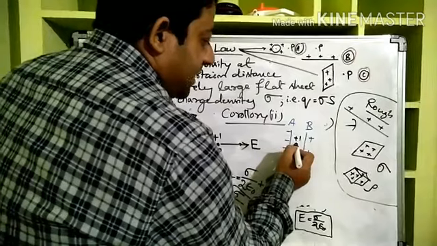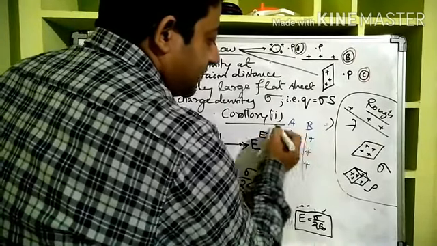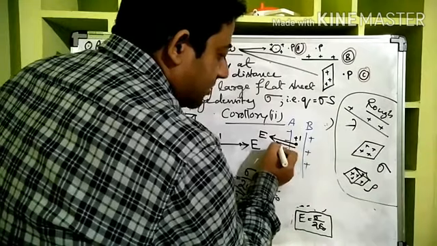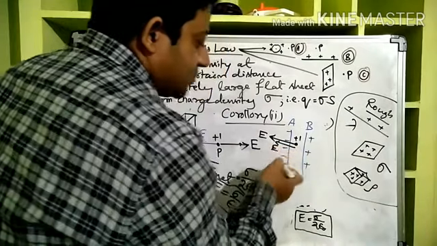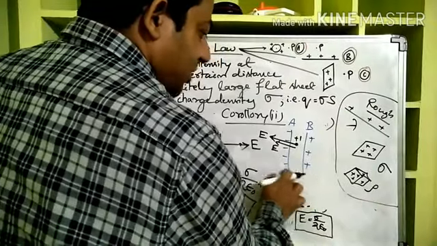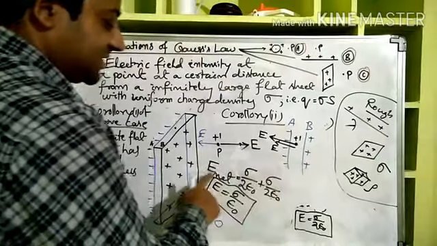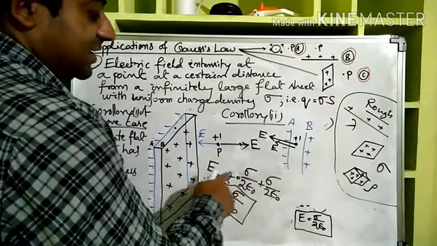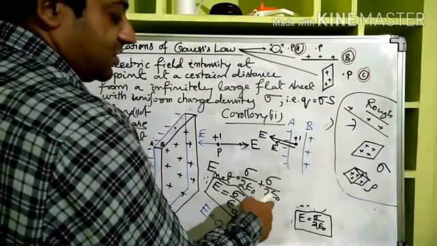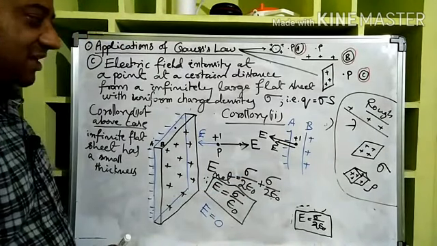Because of B, it will be pushed with force E, and because of A it will also be pulled in the same direction with E. So if the plates are oppositely charged and the point is placed between them, E net is sigma by 2 epsilon naught plus sigma by 2 epsilon naught, that is E equal to sigma by epsilon naught.